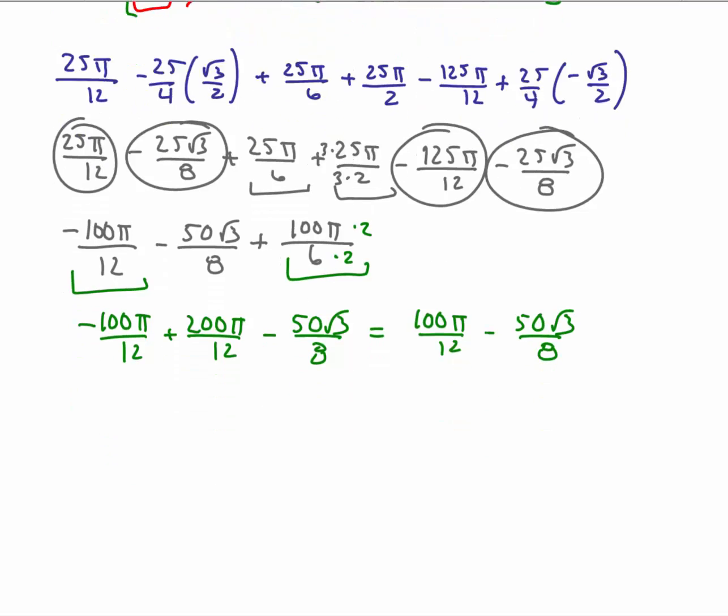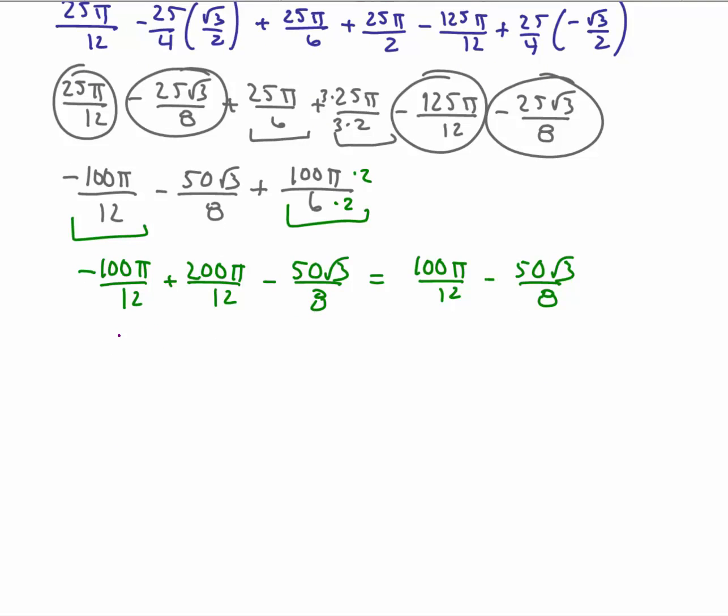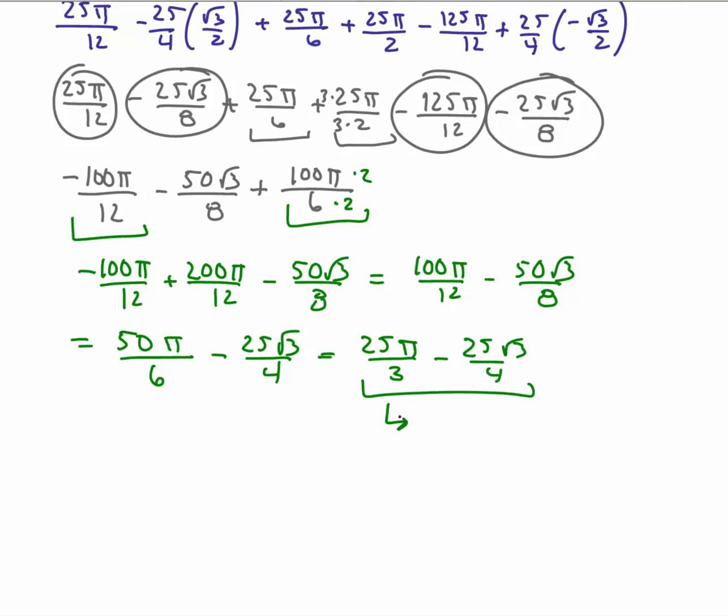And I can reduce both of these. So this would be 50 pi over 6 minus 25 root 3 over 4. 50 pi over 6 reduces to 25 pi thirds minus 25 root 3 over 4. So this is the area of region 1.